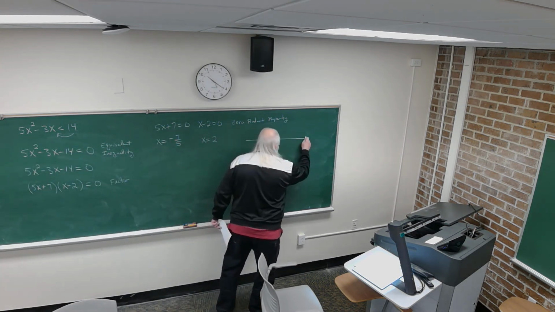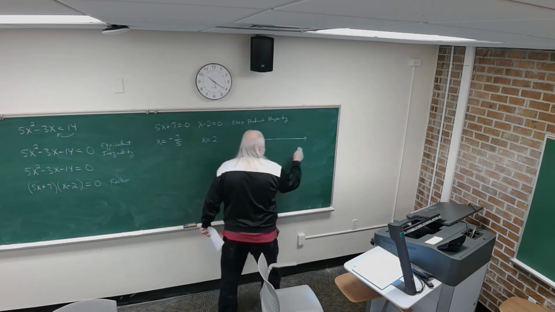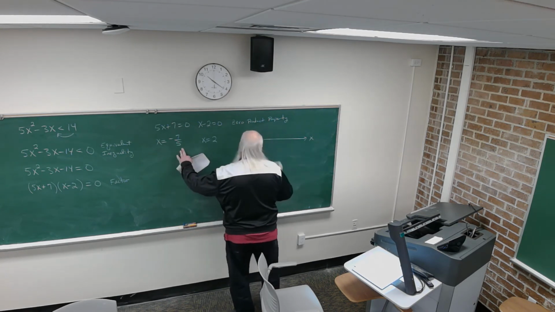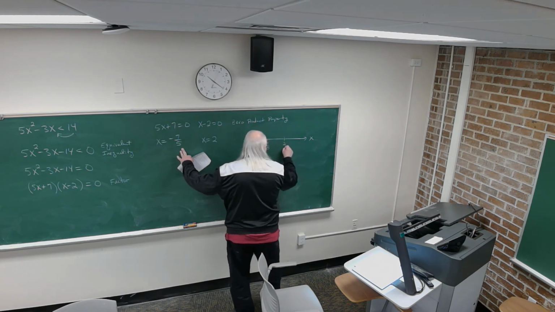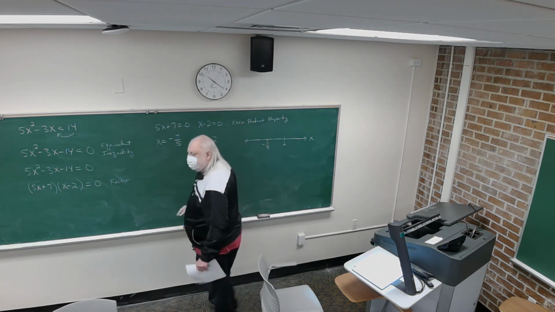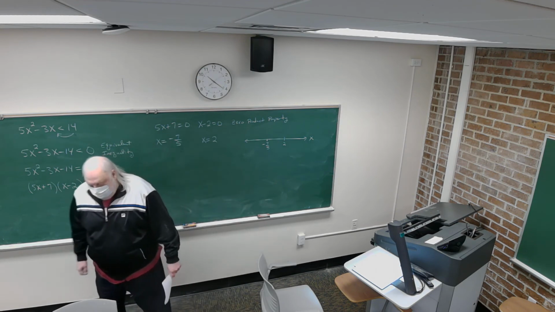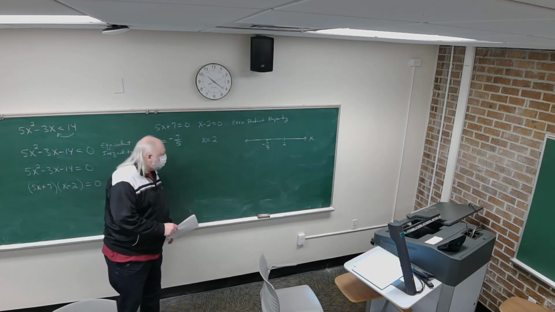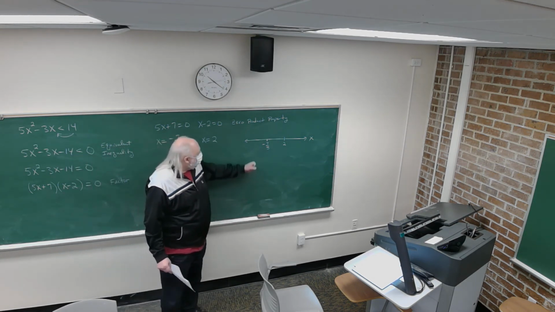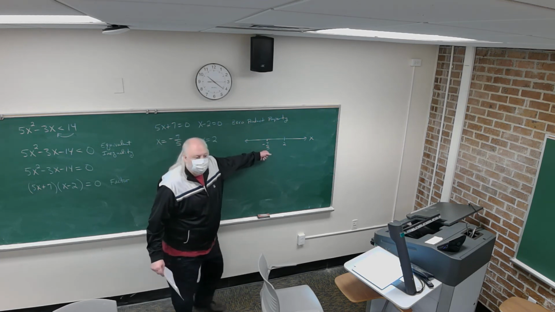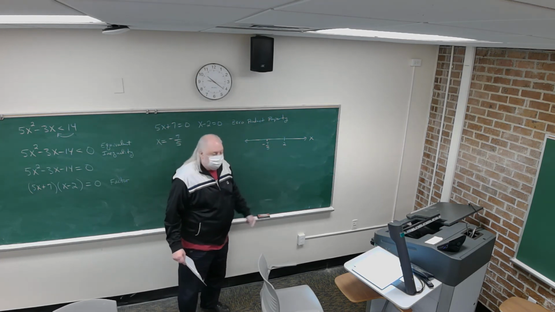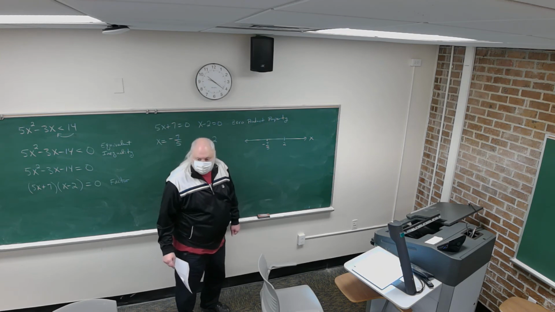So in step 3, we use those two numbers to partition the real number line into intervals. The reason I call this the test point method is that we know whether minus 7/5 and whether plus 2 is in the solution set.